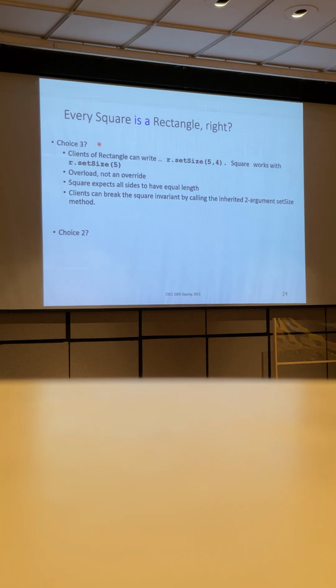So that would allow a client to break their rep invariant when they call the inherited set size method. Because remember, when you're doing an overload, you're not overriding. That inherited method that you didn't override still exists, and the client would be able to call it.